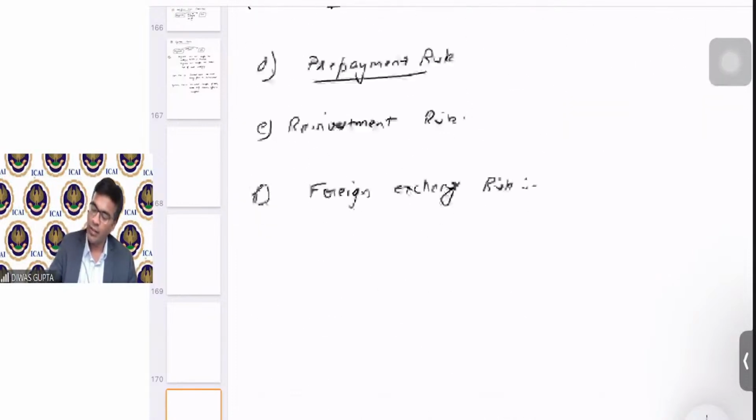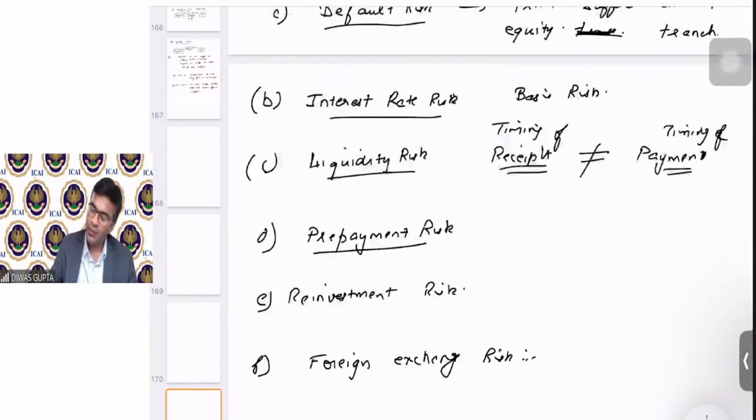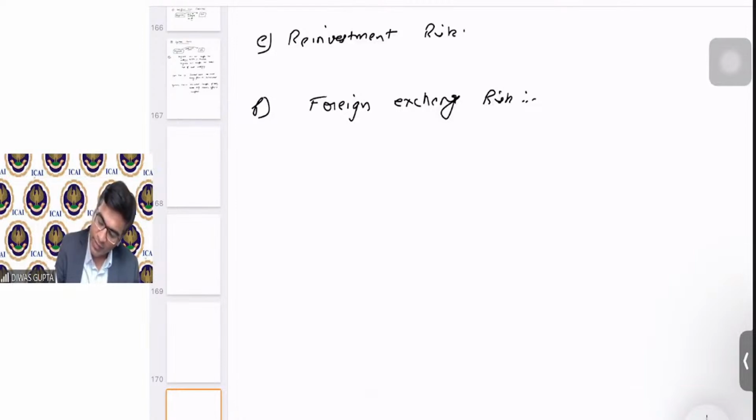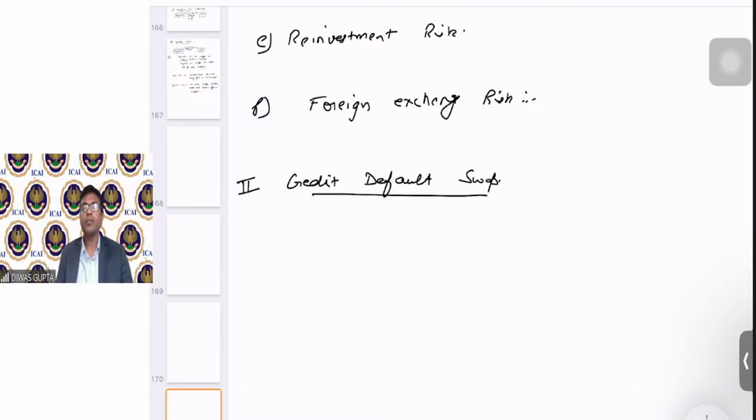Let's come to credit default swap. So this is the second type of credit derivative, credit default swap. Okay, students.